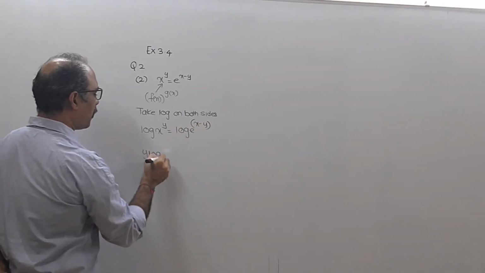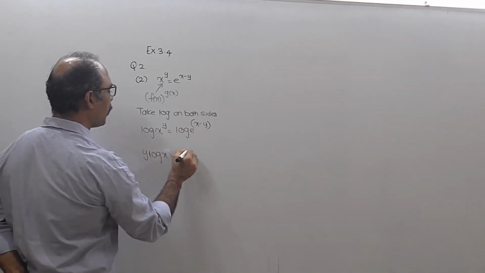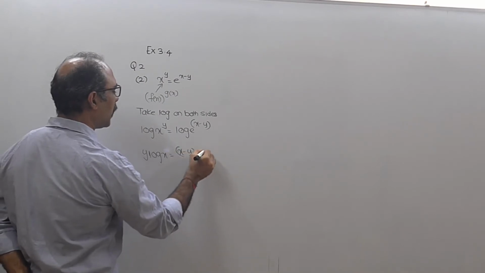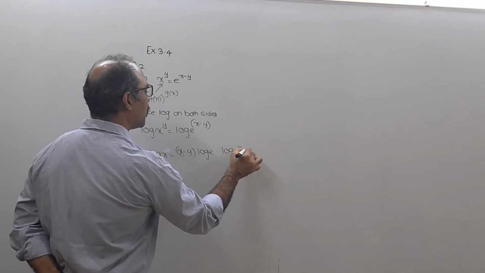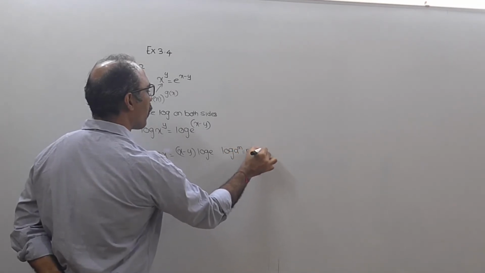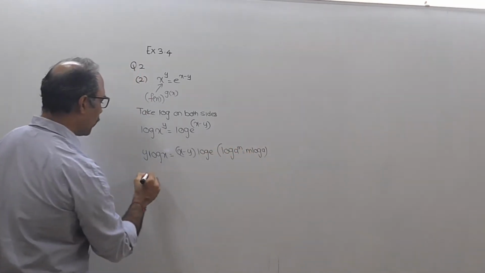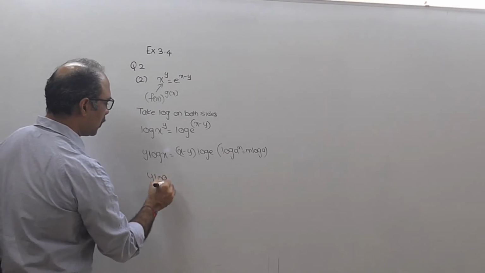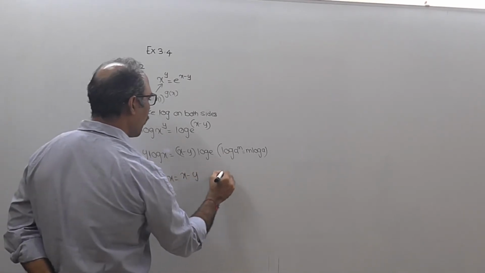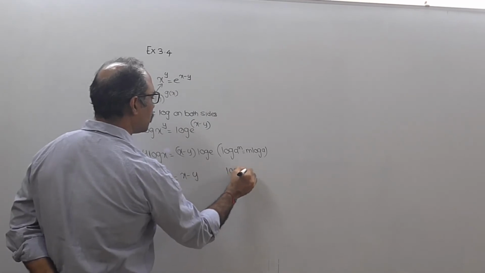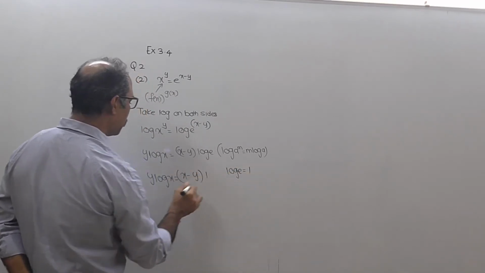This is in the form of log of a raised to m, which is nothing but m log a. I'll write here log a raised to m is equal to m log a. So I will have this as y log x equal to x minus y, and log e is 1.